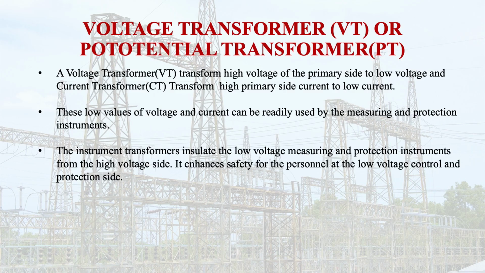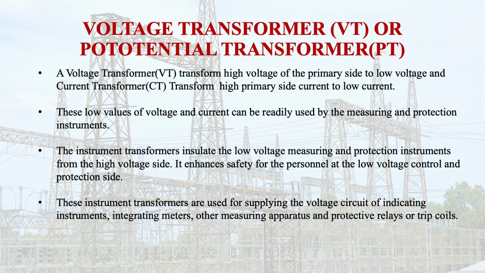Just like CTs, the voltage transformer can also be used for measuring the voltage. The instrument transformers insulate the low voltage measuring and protection instruments from the high voltage side, so it enhances safety for the personnel at the low voltage control and protection side.